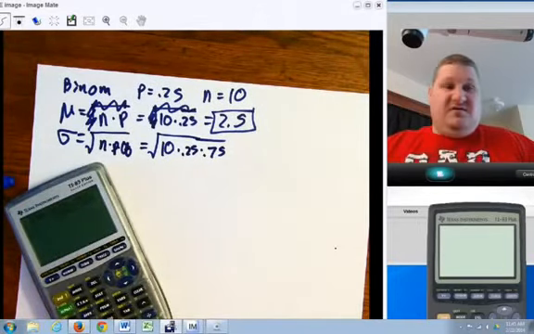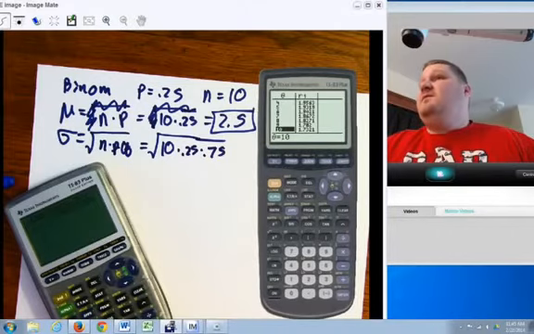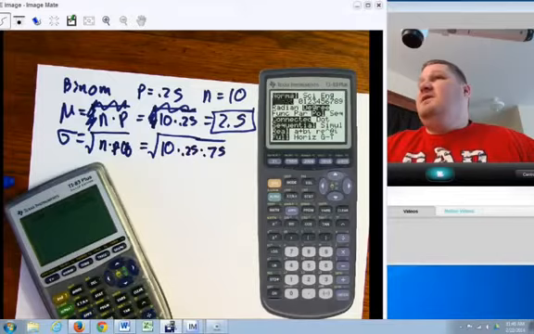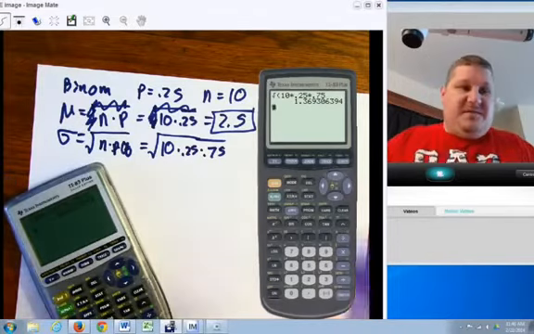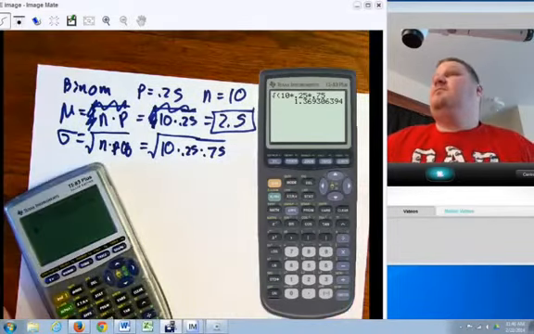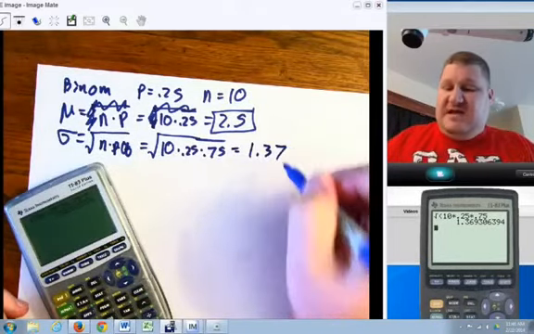Actually, probably easier to see if I use this other one over here. So let's clear, second quit, clear, mode, just for giggles, function, quit. Okay, so we have second square root 10 times 0.25 times 0.75. Enter. And you're going to get 1.37.